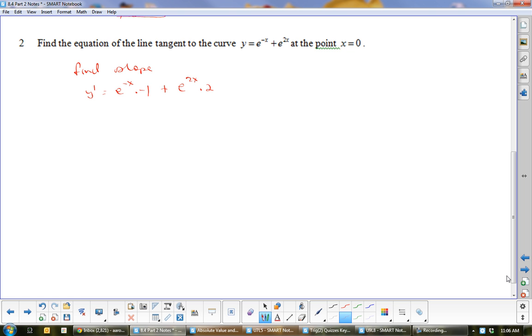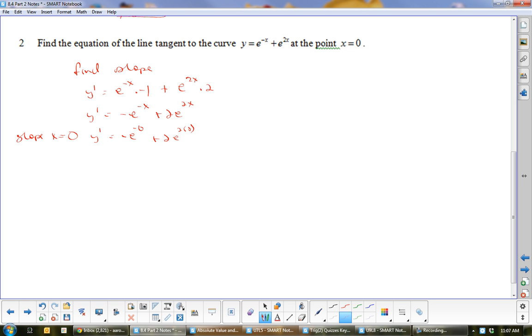Okay, so this would be y prime equals negative e to the negative x plus 2e to the 2x. So the slope when x equals 0: y prime equals negative e to the negative 0 plus 2e to the 2 times 0.